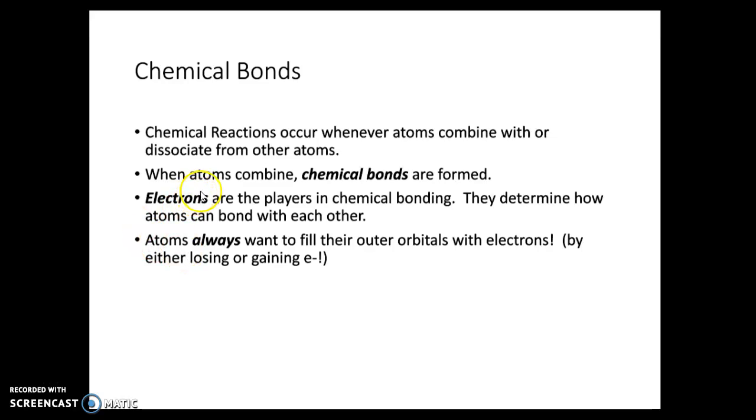And again, electrons are the subatomic players. They cause chemical bonding by either being given away to another atom to create a bond to make it more stable, or that other atom then taking those electrons to become more stable. The whole goal of bonding is for atoms to fill their outer orbitals with electrons by either losing or gaining electrons.